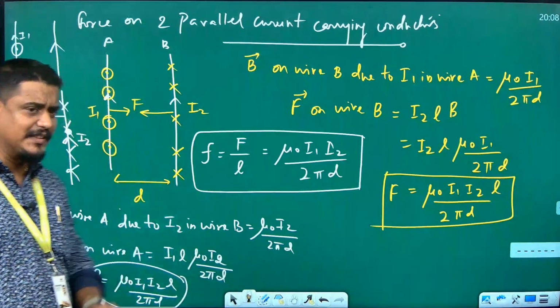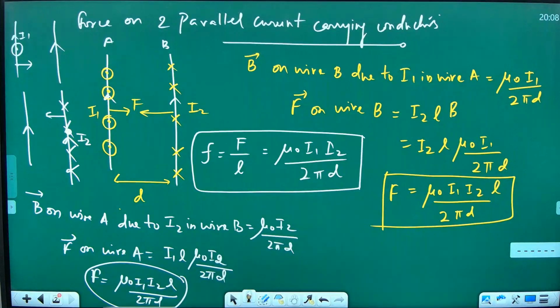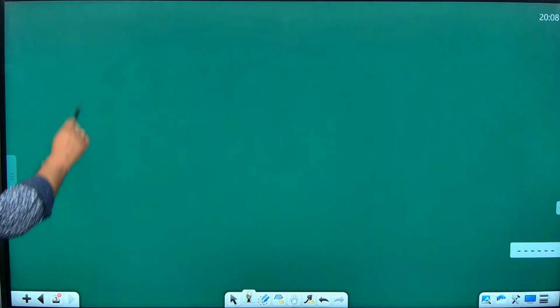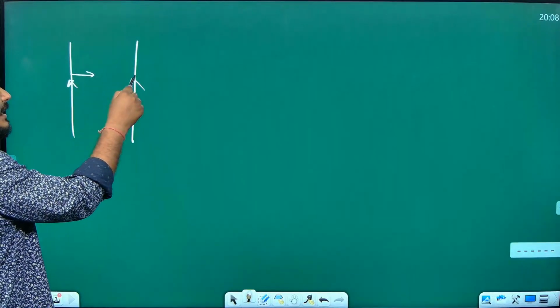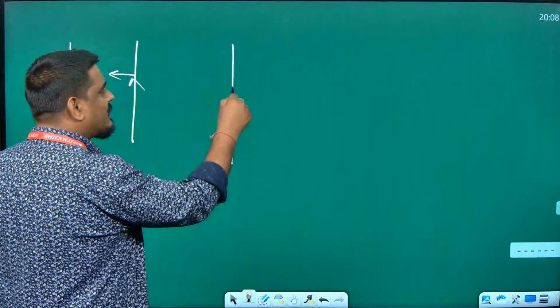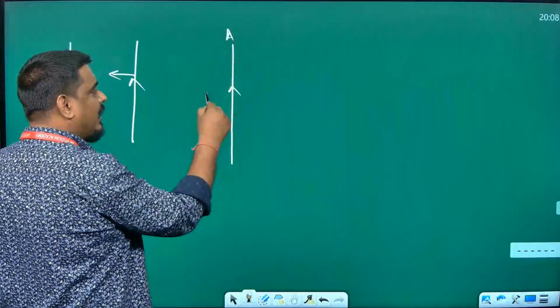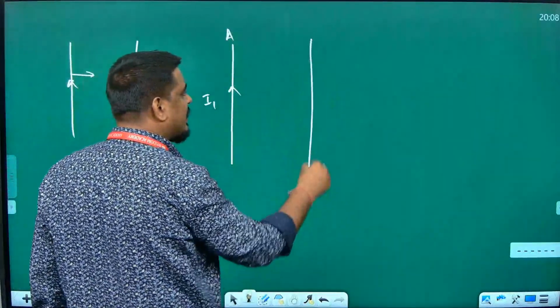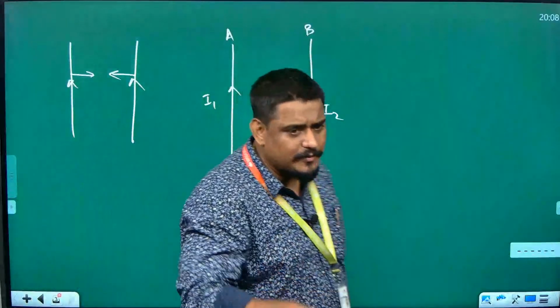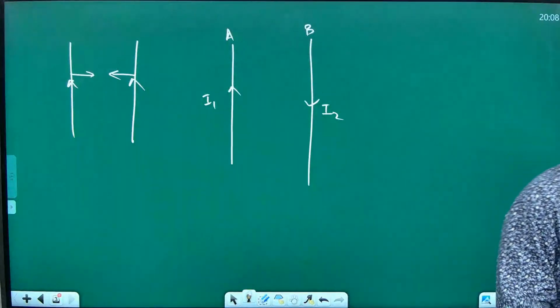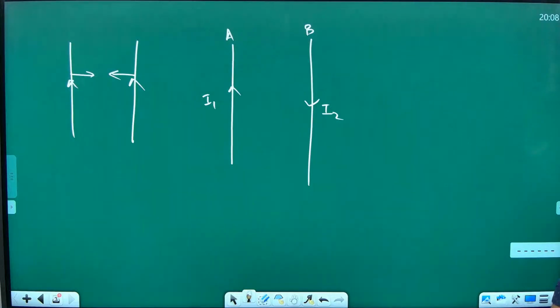But one more thing is there here. I talked only about the scenario when two wires had current in the same direction. There is a possibility that one wire carries current in the upward direction and the second carries current in the downward direction. Possible, no? Or vice versa. Then what will happen? Common sense says it will repel.